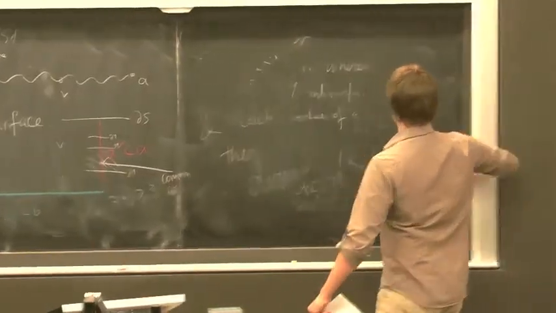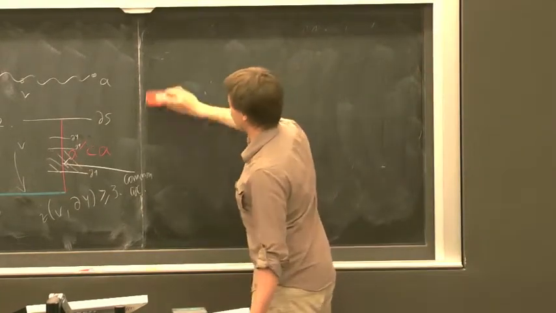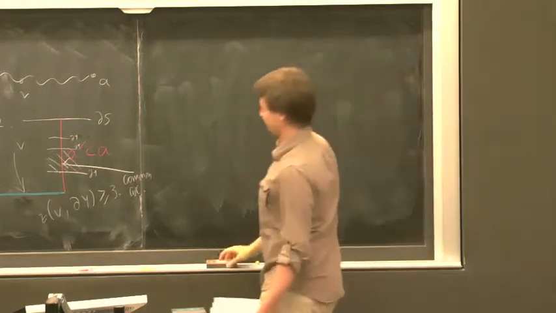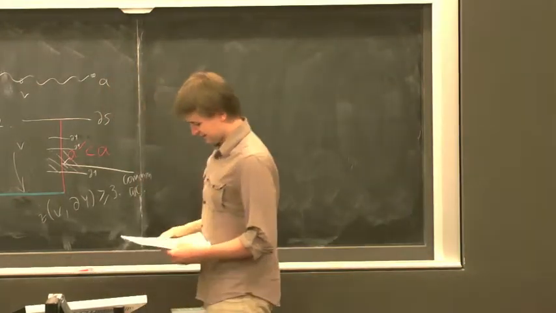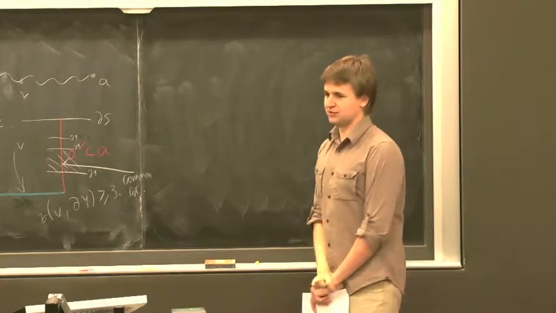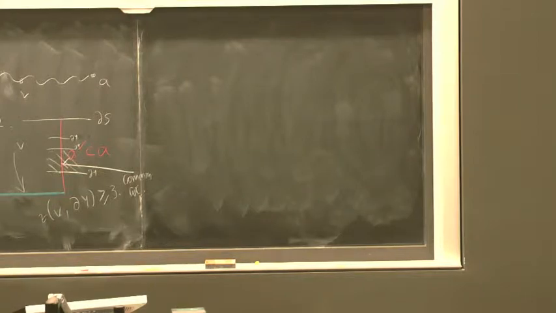Now, some of the experts in this audience might be like, yeah, we're done now. But I'm going to tell you the rest of the proof. So I'm going to restrict myself to a subcase first.